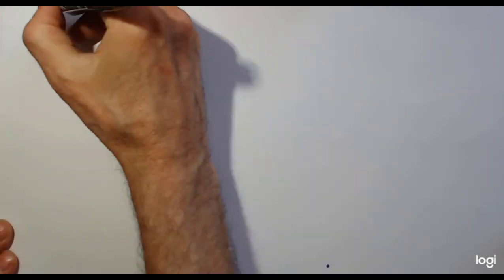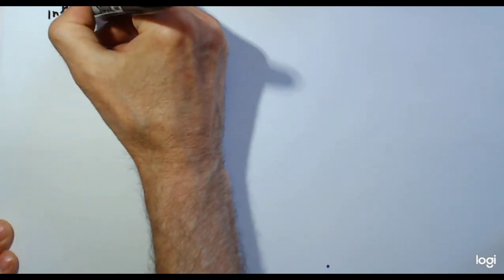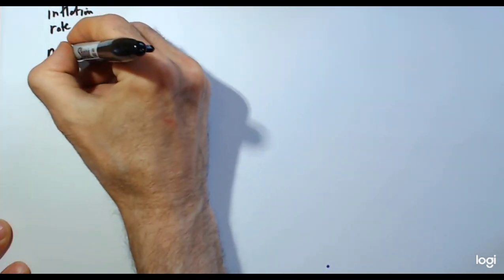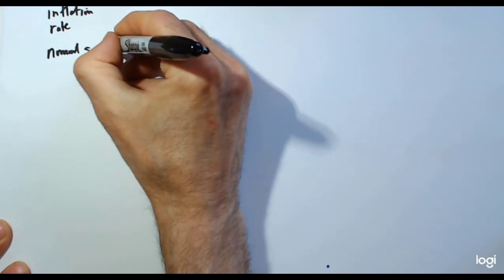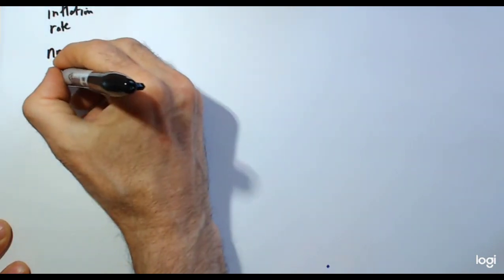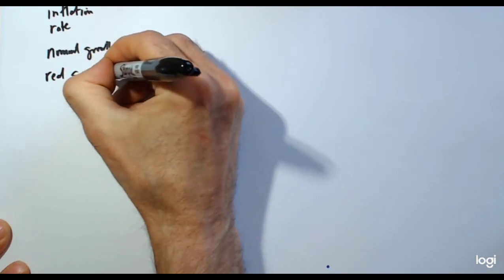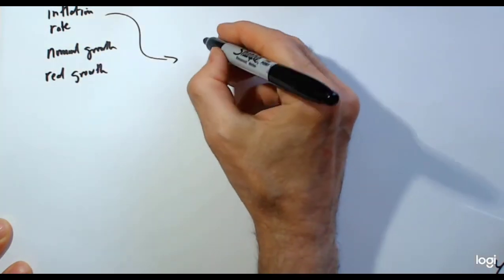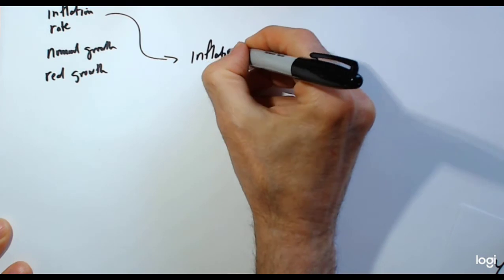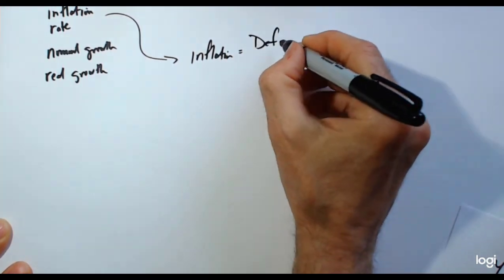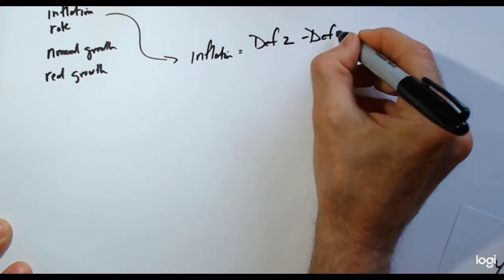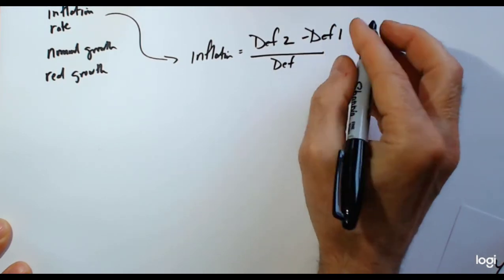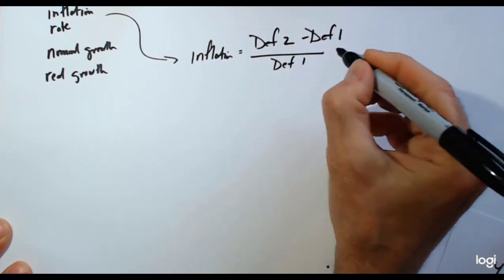So to be clear, let me calculate the inflation rate using the deflator, and then we'll calculate nominal growth rates from the nominal numbers, and we'll calculate real growth rates from real GDP. Now, the inflation, start here, is calculated as this. We're going to take the deflator, I'll call it DEF, for year 2, minus the deflator in year 1, which gives you the change, divided by the previous year, which happens to be the base year.